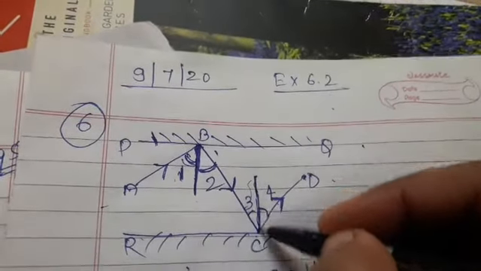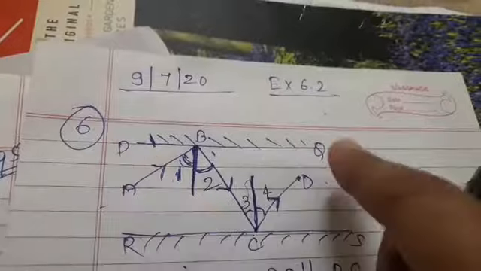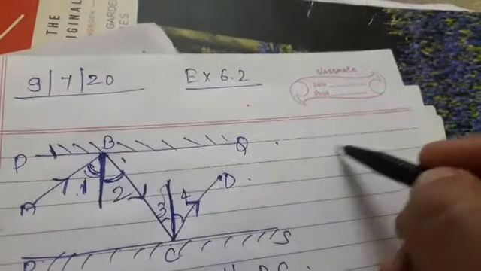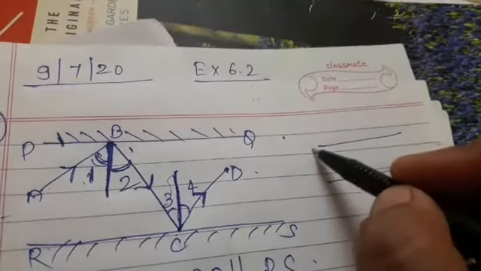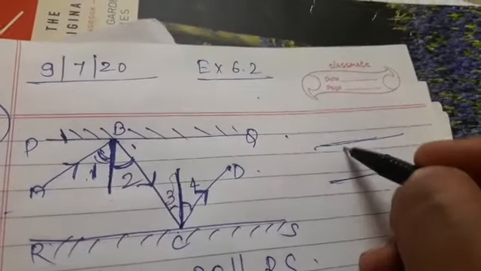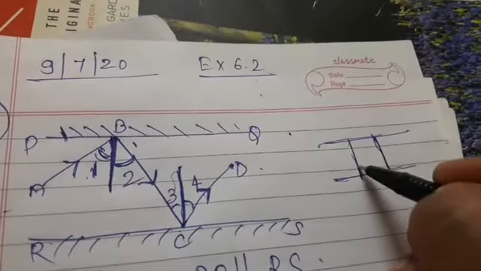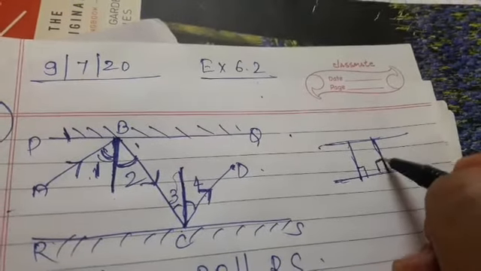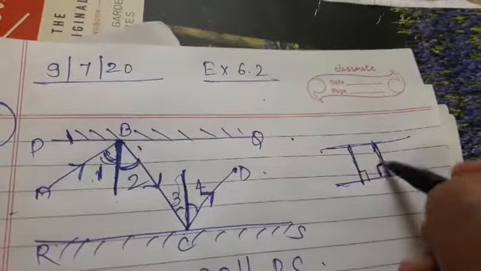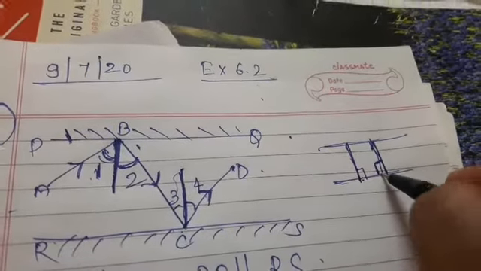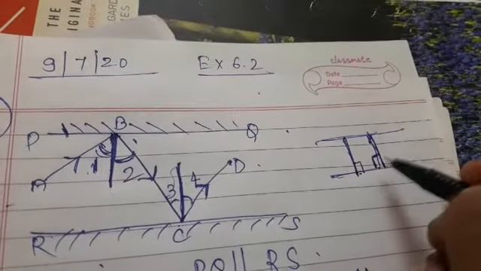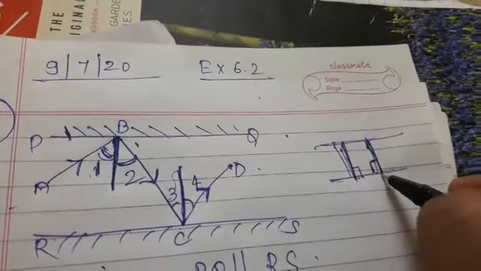You know the normal is a line which is perpendicular to the mirror. I'll explain here: these two are mirrors, or parallel lines, and this is the perpendicular, this is also the perpendicular. Perpendicular means 90 degrees. So these two perpendiculars form co-interior angles and they are supplementary, hence these lines will be parallel.